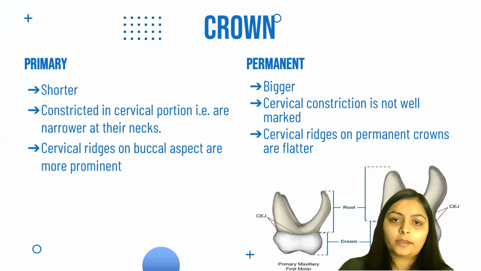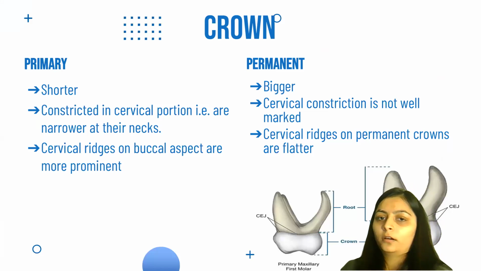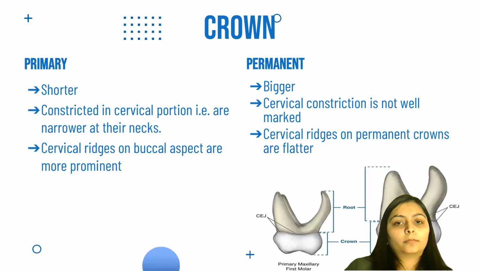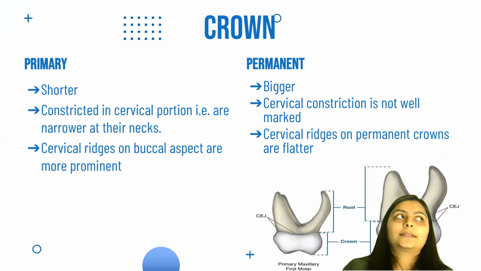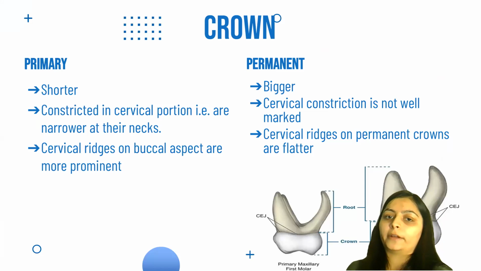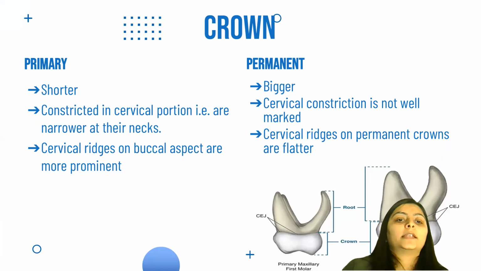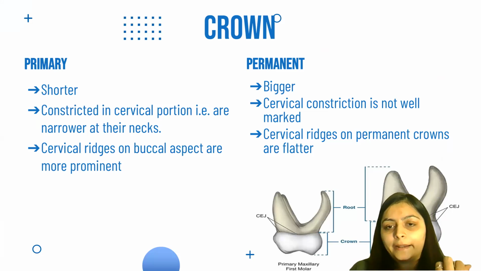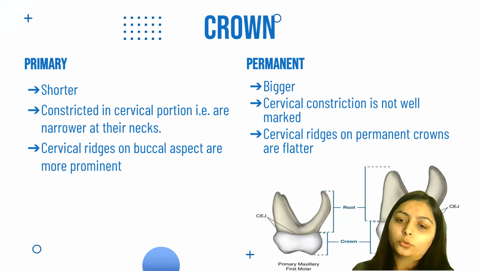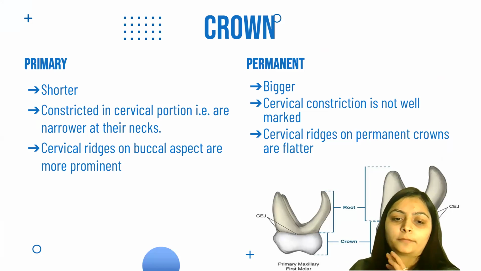Now we will start with the anatomy of the crown. In that, we will compare primary and permanent teeth. Primary teeth crowns are shorter than permanent teeth. They are constricted cervically, with a narrower neck than the permanent, and the cervical ridge on the buccal aspect is more prominent in the primary tooth as compared to the permanent, which is flatter.